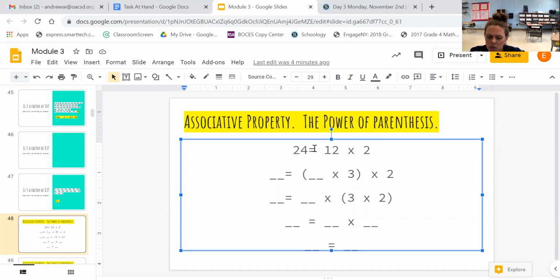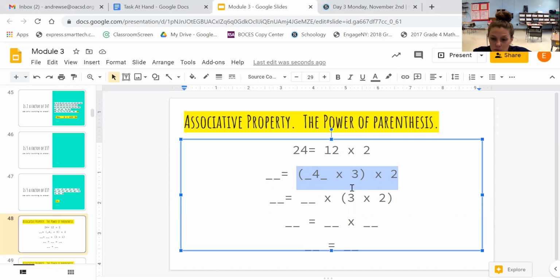So what we're trying to do is break apart something times 3 equals 12. Or you could do the inverse and divide. 12 divided by 3 equals what? Hopefully in your head you're saying 4, Mrs. Andrews. And then if we solved 4 times 3 equals 12 times 2, it's just showing a different way to do it.